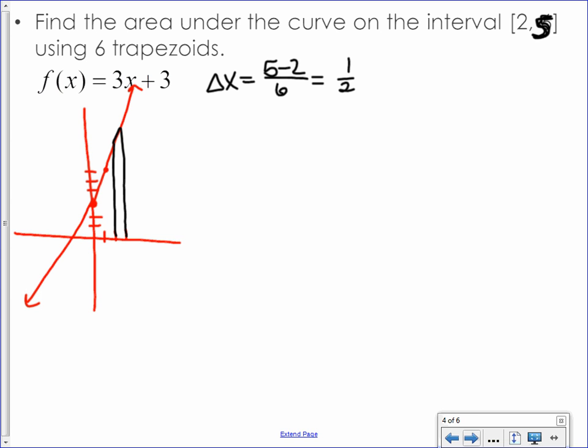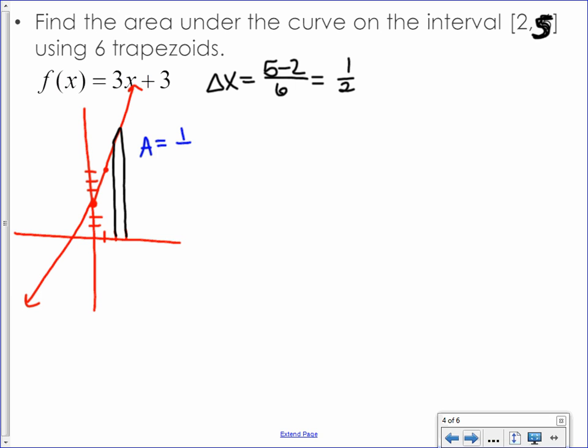Okay. Now, what I'm going to do, I am going to write out the formula for each of these 6 trapezoids, and then I'm going to write it using the formula so you can see how everything comes together. Okay? So let's talk about this first trapezoid.